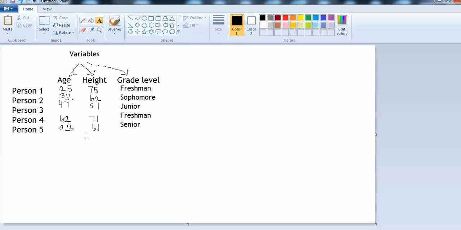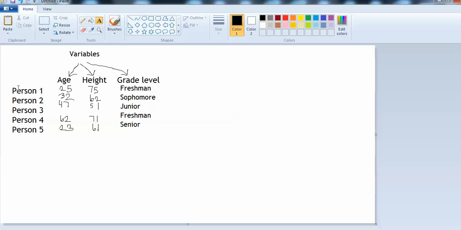We can see that all the data that we've ended up recording is starting to look like a spreadsheet in Excel with rows and columns. If you imagine a spreadsheet with data entered into it, each row is a participant, because each row has data from different people.